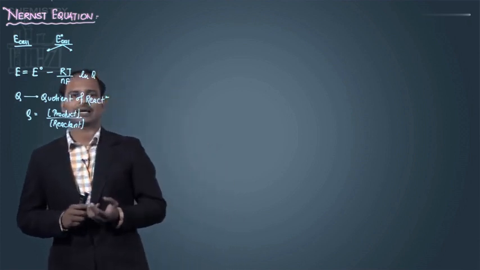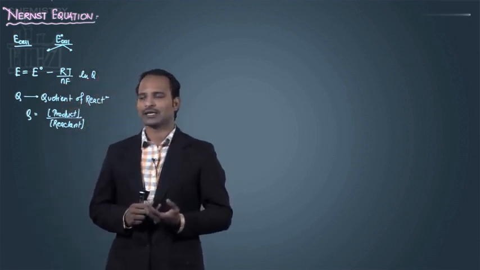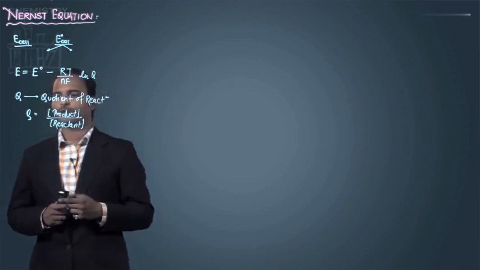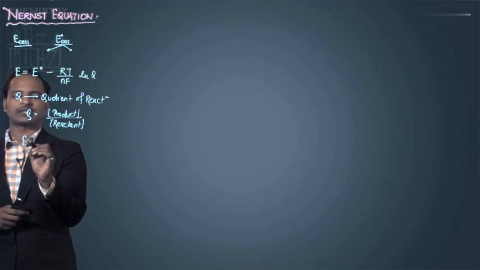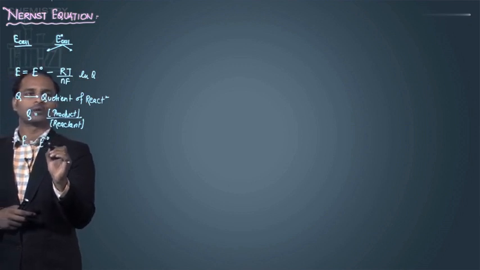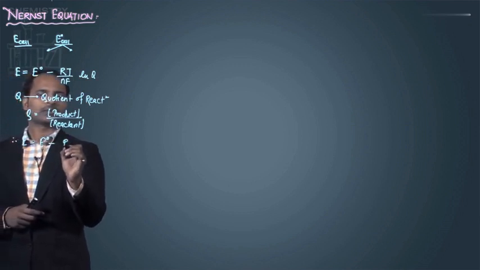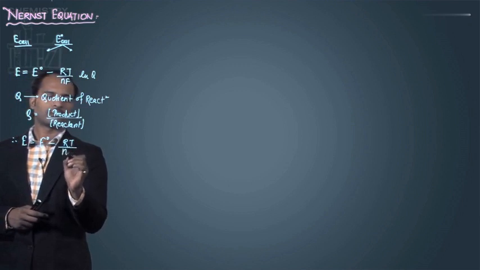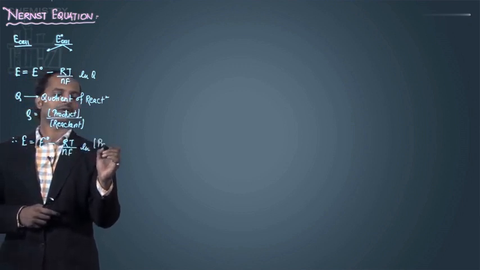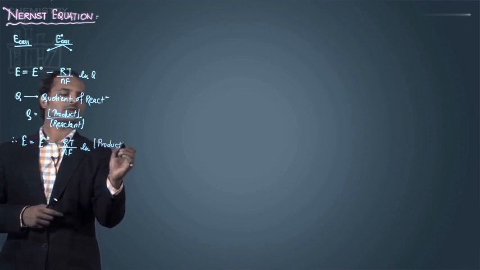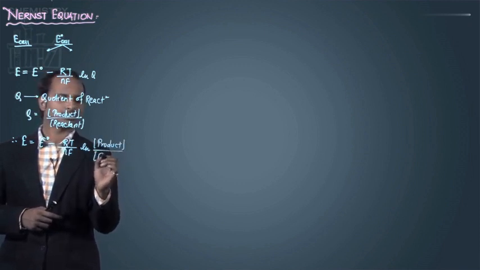And if there is a gas, then we consider the pressure of that gas in a reactant or product. Then finally we have the formula E is equal to E naught minus RT upon NF ln, where instead of Q I can write product concentration upon reactant concentration.